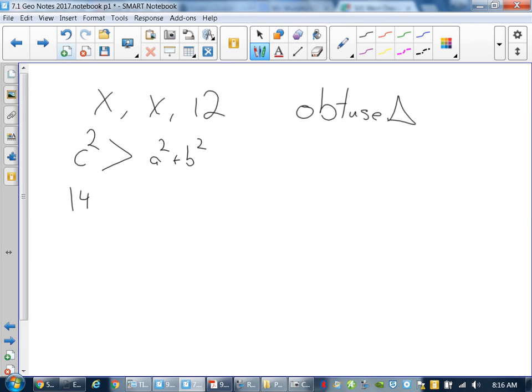So 144, is it okay if I just write 144 right away for 12 squared? Are we okay with that? It has to be bigger than a squared plus b, oh, sorry, x's. Again, what is x squared plus x squared? Good.